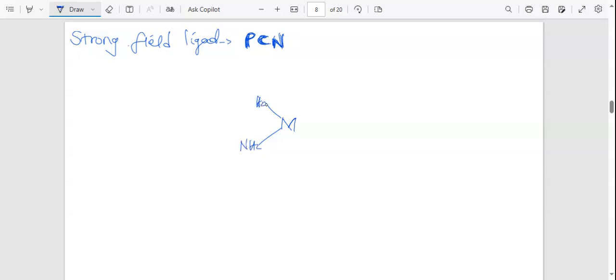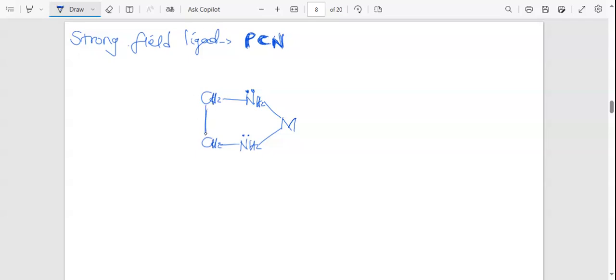So these are what we now call strong field ligands. It uses the nitrogen, not the hydrogen you're able to see, to bind to the central metal.